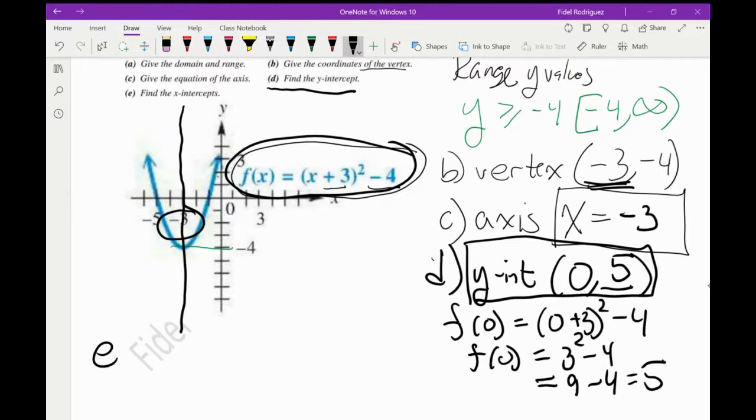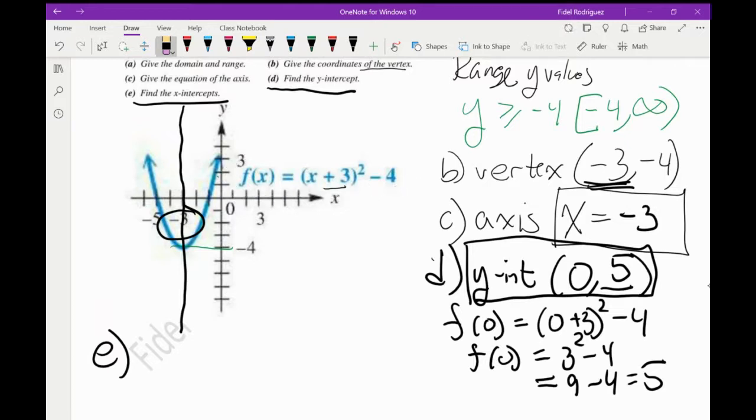And then finally E says let's find the x-intercepts. Okay, so remember what the x-intercepts are. The x-intercepts are the points on the graph where the graph hits my x-axis. So if I look at my graph right here, and I say, hey, look, it's hitting the x-axis right here, and it's hitting the x-axis right there. So what are those values?